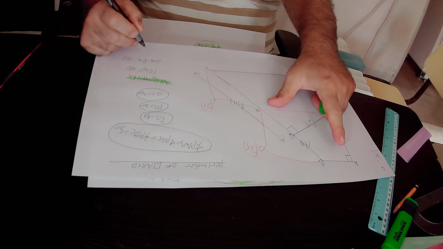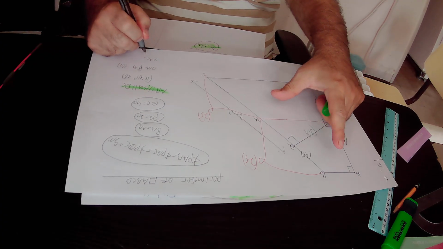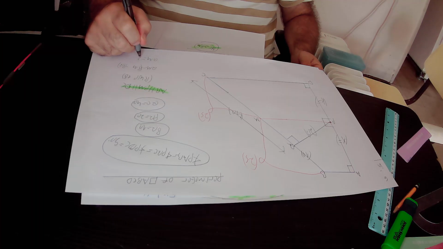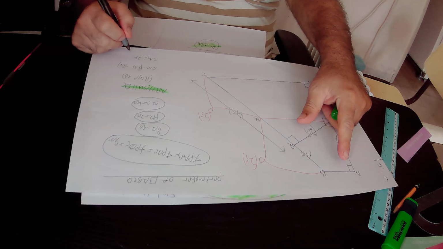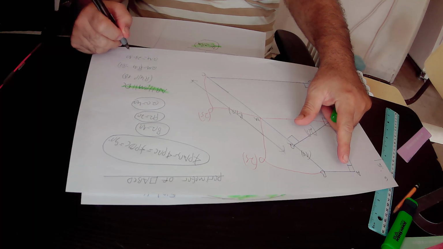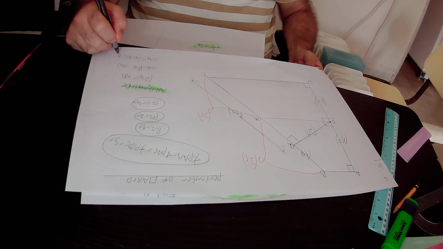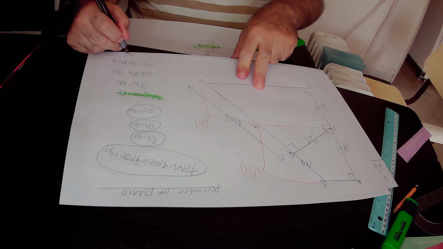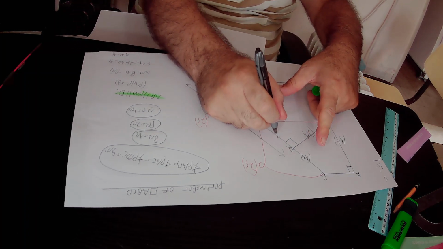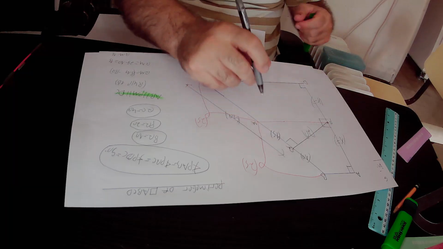BM is 25 minus BQ. BQ is 10 according to what is given in the question. So in total QM equals 25 minus 10, that is 15. This is the missing side QM that equals 15 units in its length.